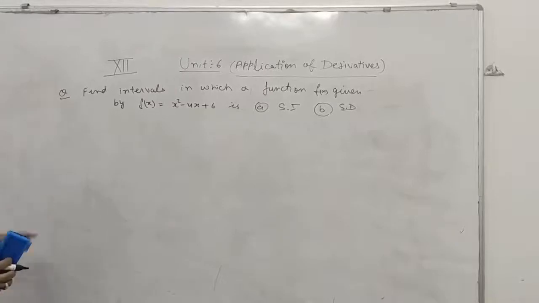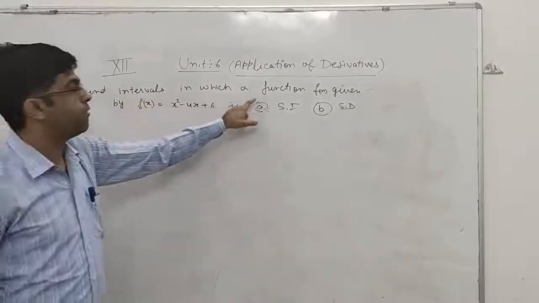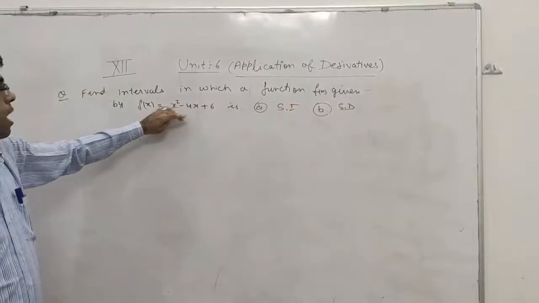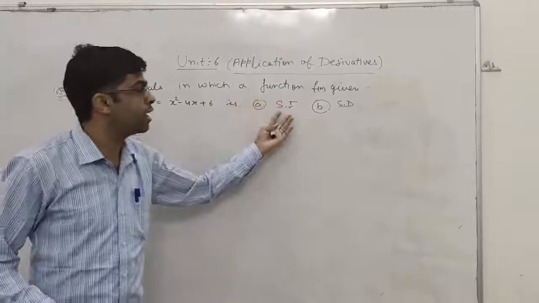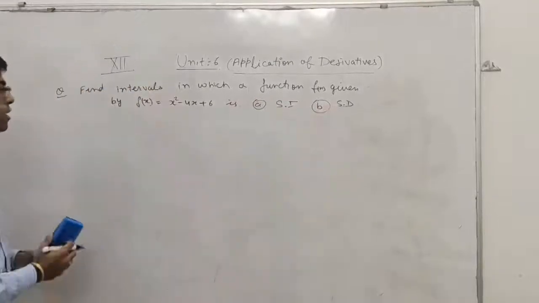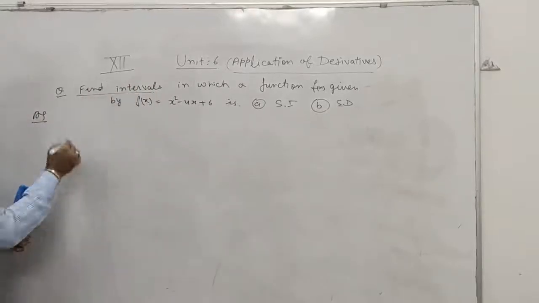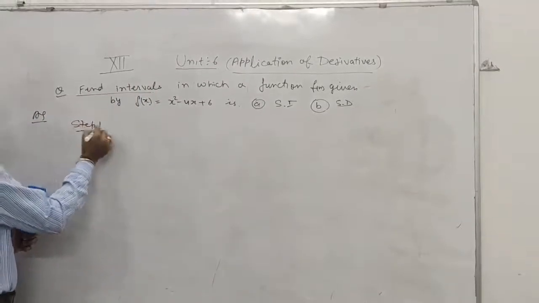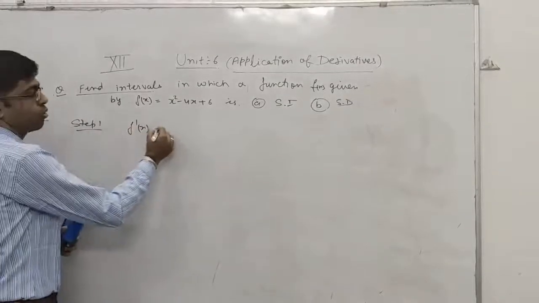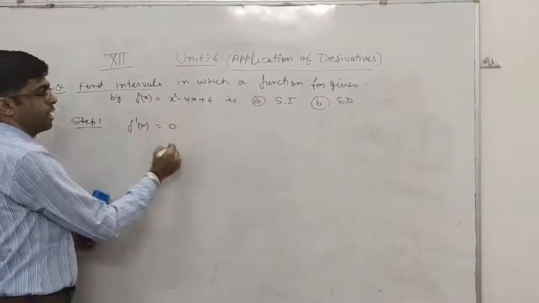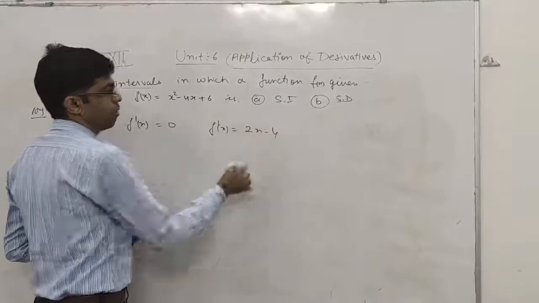Now I have taken a second question for finding out the intervals. Find the intervals in which a function f(x) given by f(x) equals x square minus 4x plus 6 is strictly increasing and, in the second case, strictly decreasing. So how to find the intervals? So interval find out करने के लिए, step 1 is find f dash x. f dash x find करके उसको equals to 0 करोगे. f dash x is 2x minus 4.